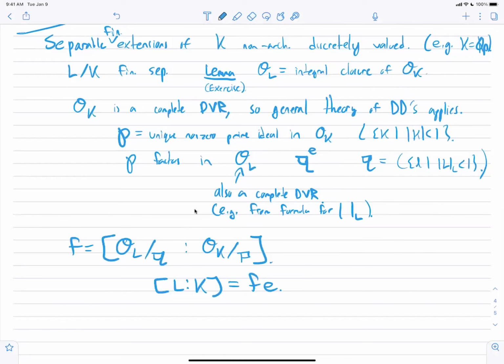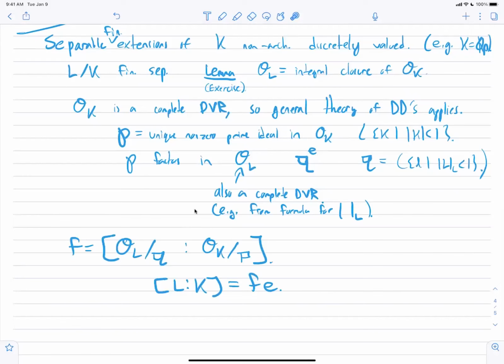When we were doing the general theory, we weren't thinking so much about complete DVRs. We were thinking about Q, where we had lots of primes, which could split into lots of primes. But everything we did still applies to these complete fields, when they are the fraction field of a DVR.